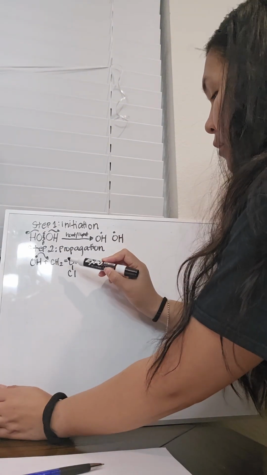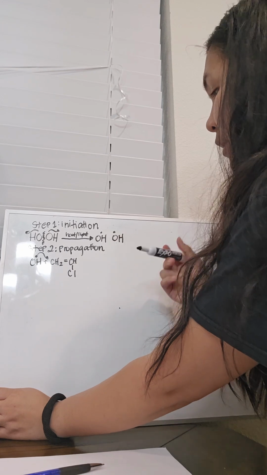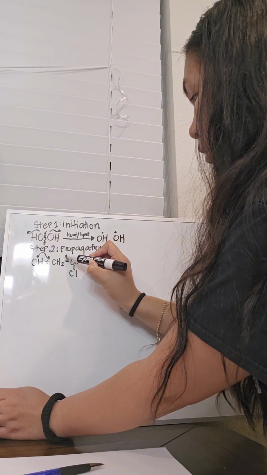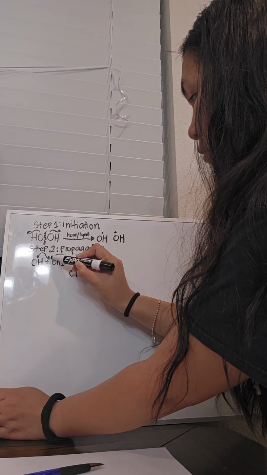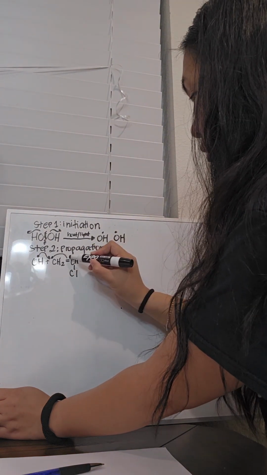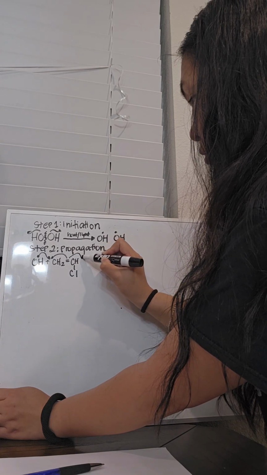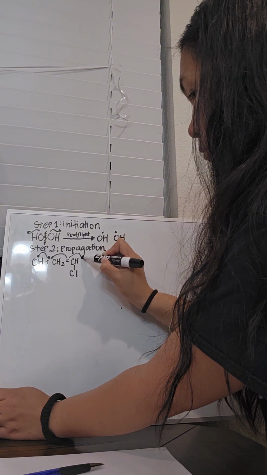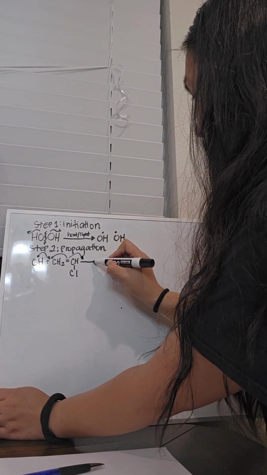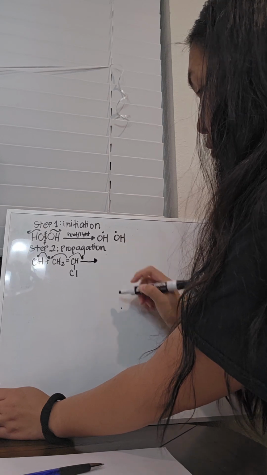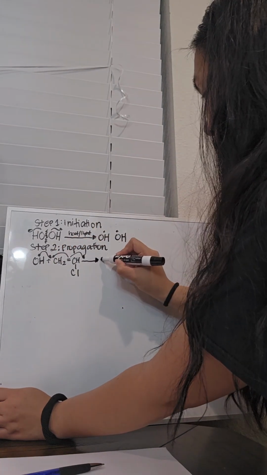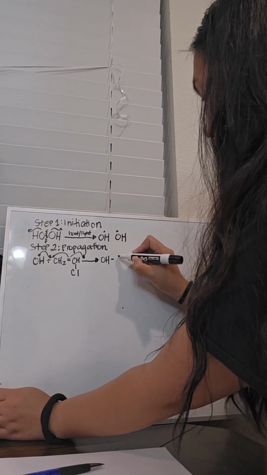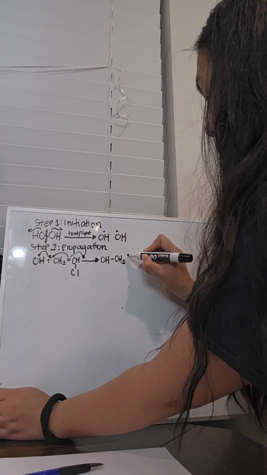Then the upper bond of the double bond breaks down. So one electron comes back to meet it, and then the other one moves to the other side, and this reaction produces the bond between the initiator and the vinyl chloride monomer.